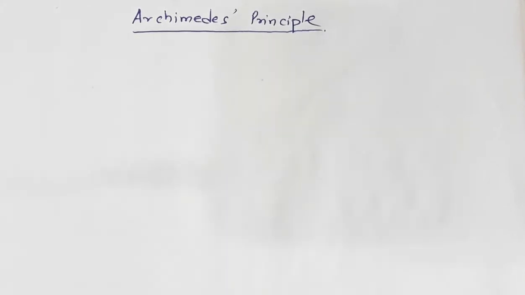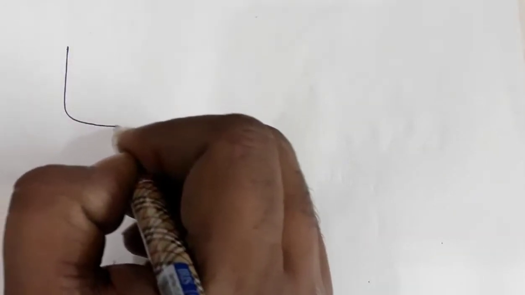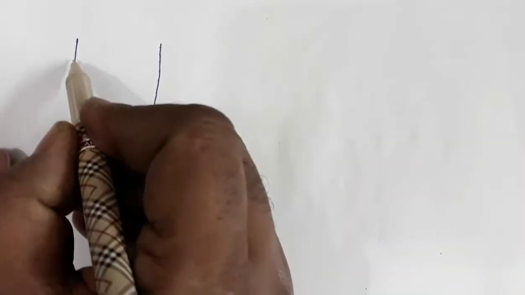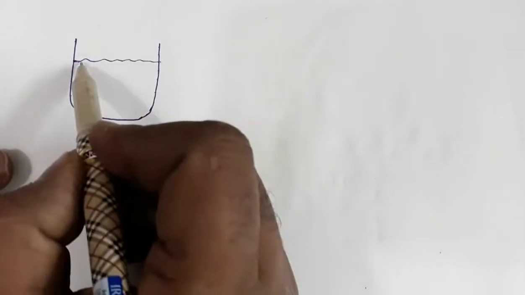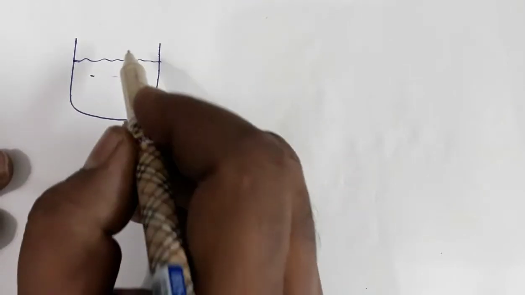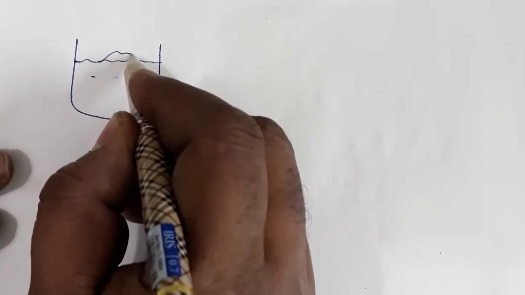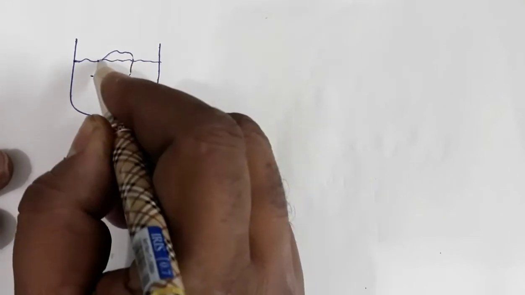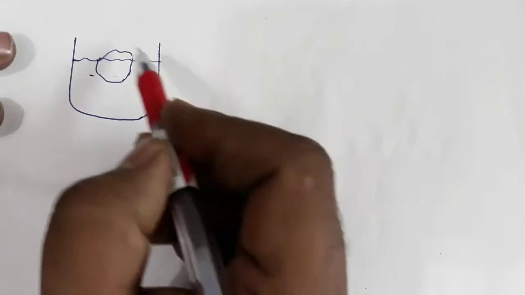Now, consider we have a vessel containing some fluid. Suppose the vessel is filled till this level. So this is the level of the liquid, and a body is immersed. So this is the body.